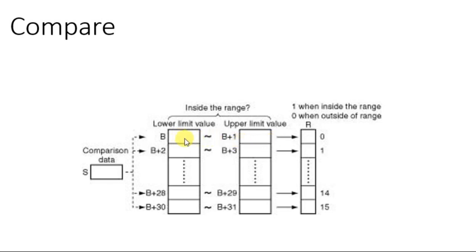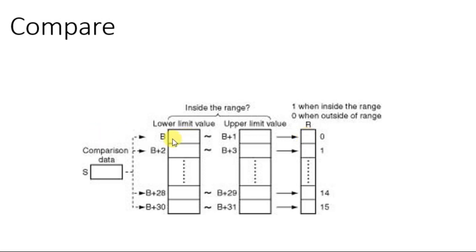What is B plus 1? For example, if I declare B as D200, then B plus 1 is D201. If the value in source is in the range of B and B plus 1, then it will return 1, else it will be 0.